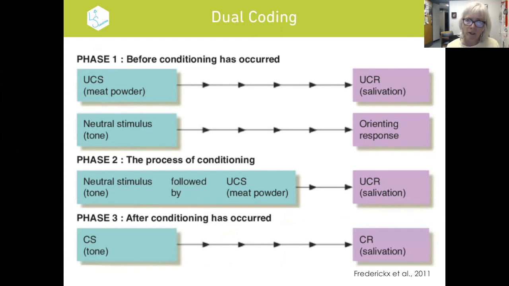Phase one, before conditioning, where the meat powder and tone are separated. Phase two, where they're connected. And phase three, where the meat powder is removed, but the tone or the whistle is the only thing that we're seeing.